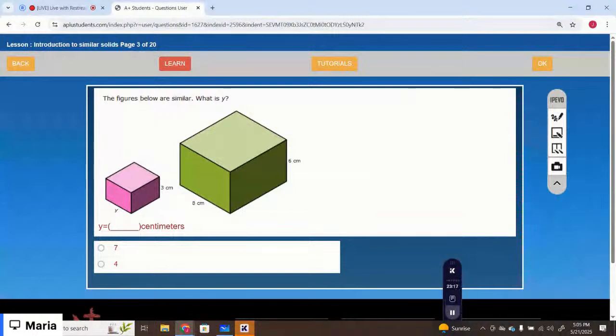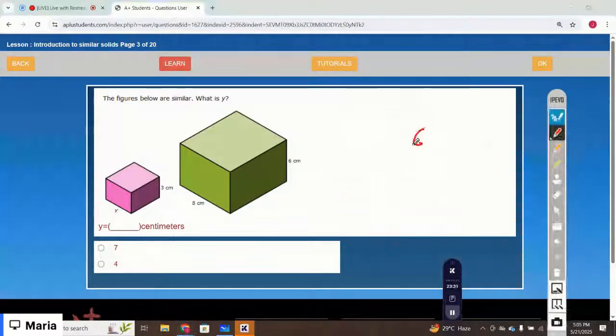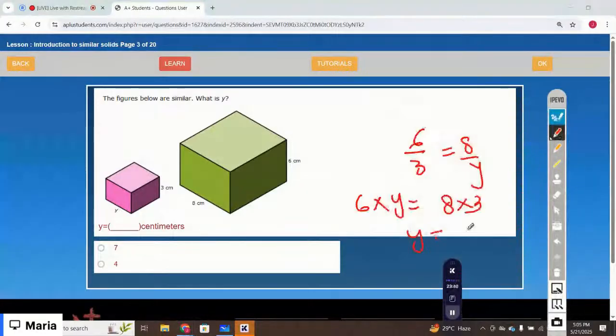The figures below are similar. What is Y? So that is 6 divided by 3 and 8 over Y. That is 6 times Y equals 8 times 3. Y equals 8 times 3 over 6. 3 times 1 is 3, 3 times 2 is 6. 2 times 1 is 2 and 2 times 4 is 8.